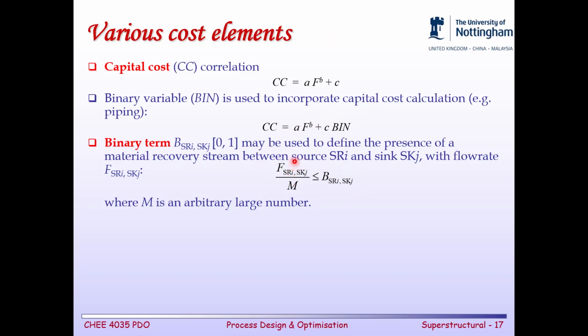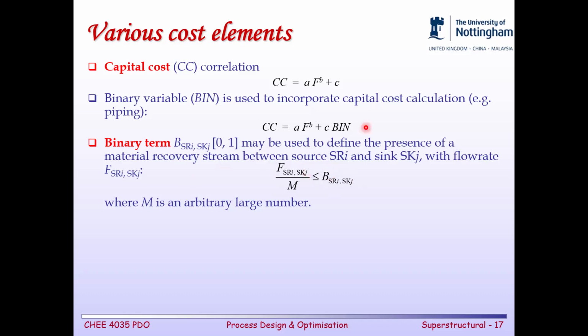So if it's 0 divided by M, an arbitrarily large number, this variable would be 0. So it will represent that there's no connection between source I and source J. However, if there's a non-zero value, either 0.1 or 1 or whatever non-zero value, this binary variable will automatically be assigned a value of 1.